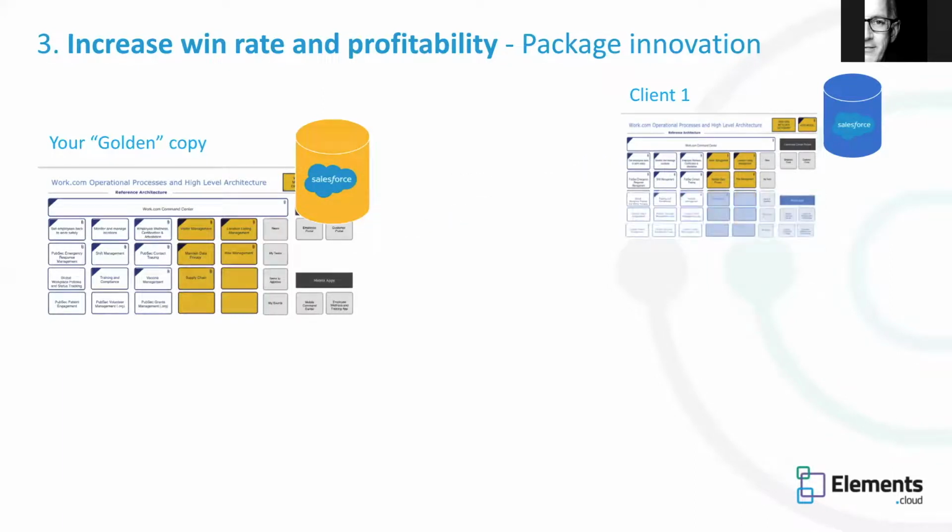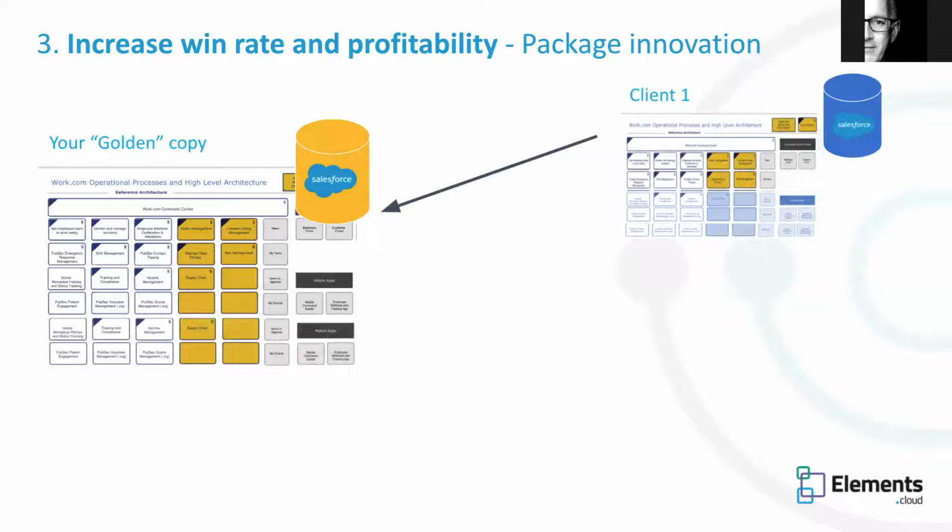And then maybe for the customer, you then make some changes. Some of the bits you don't use, other bits you've added to. You're actually innovating at the customer. You learn more about the way they work. There's no reason why you shouldn't take that capability back, based on obviously the relationship you have with your customer and the ownership of that IP, and then use that to enhance your golden copy.